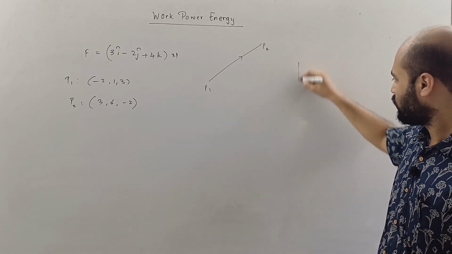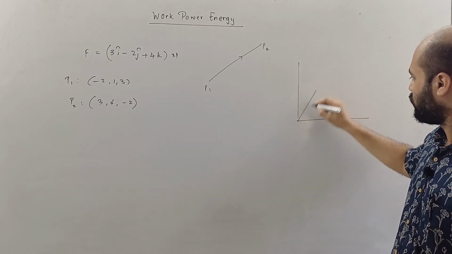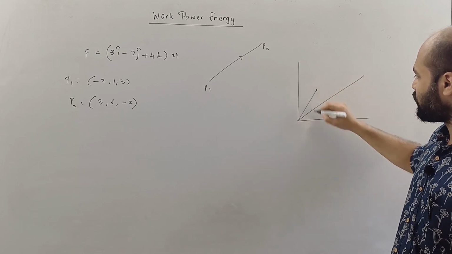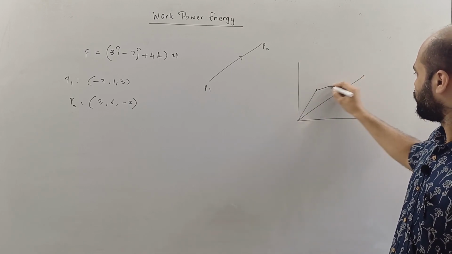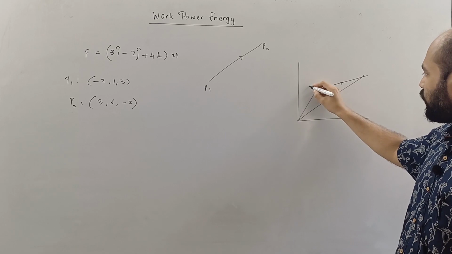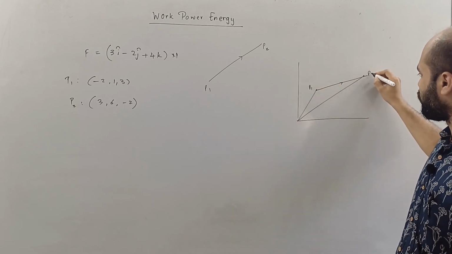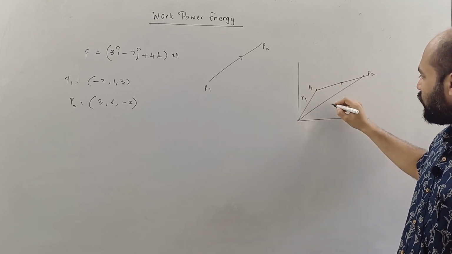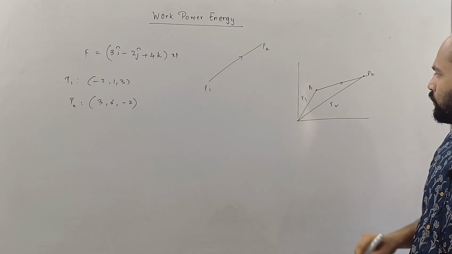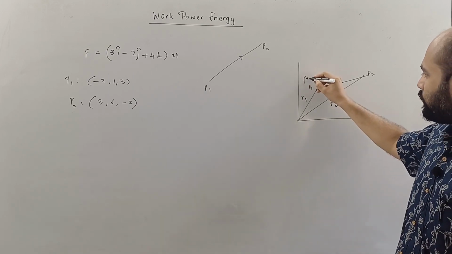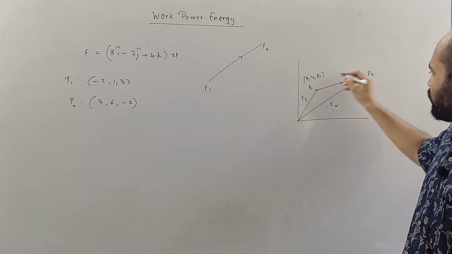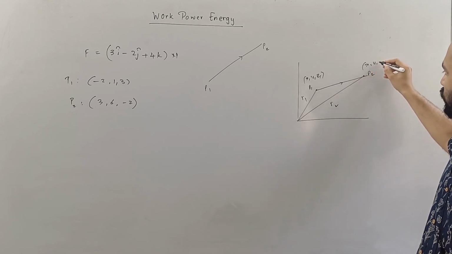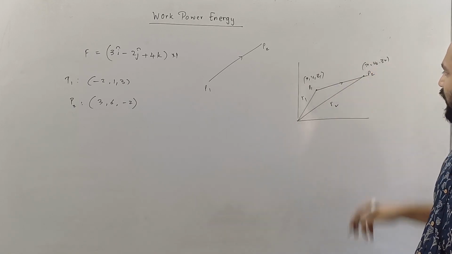Let us say that a body is being displaced, or maybe the body is going from point 1 to point 2. Let us say that this is the position vector r1, this is the position vector r2. So in this case, let us take x1, y1, z1 as the first point, x2, y2, z2 as the second point.